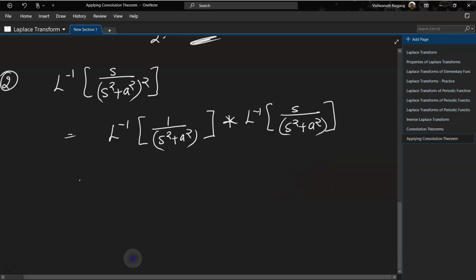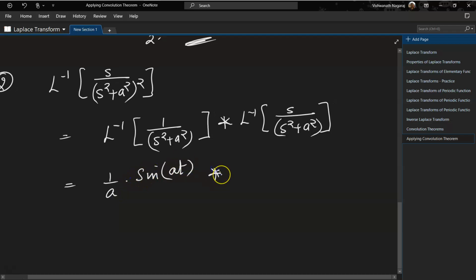So now Laplace inverse of this is 1 by a times sine at. Laplace inverse of this is cos at.